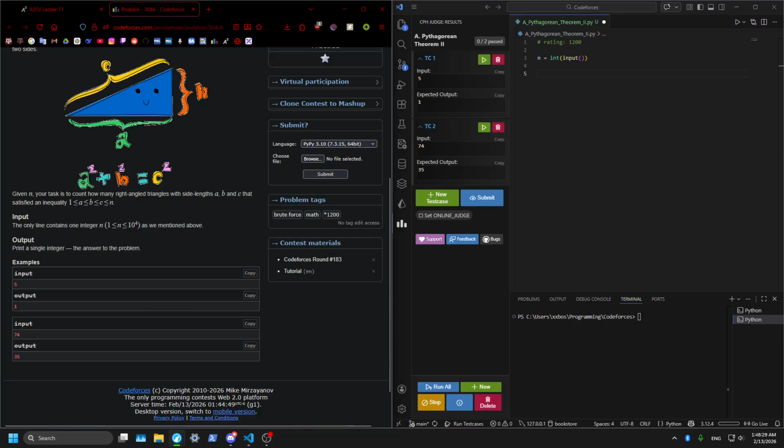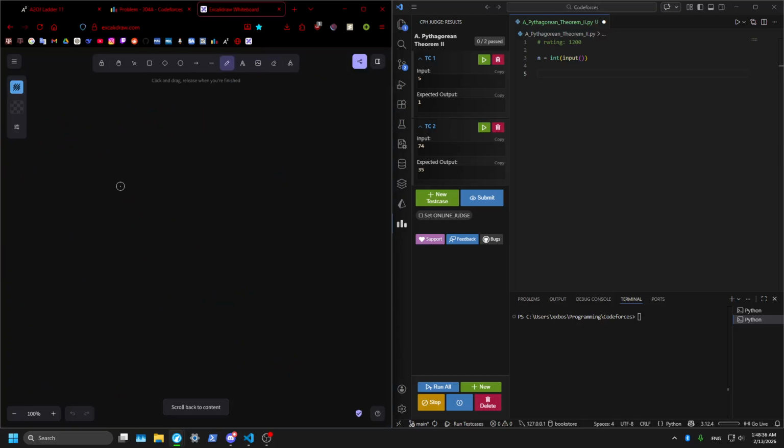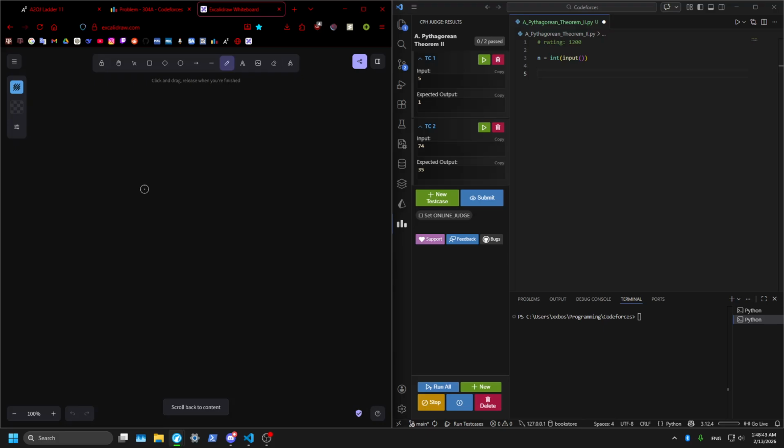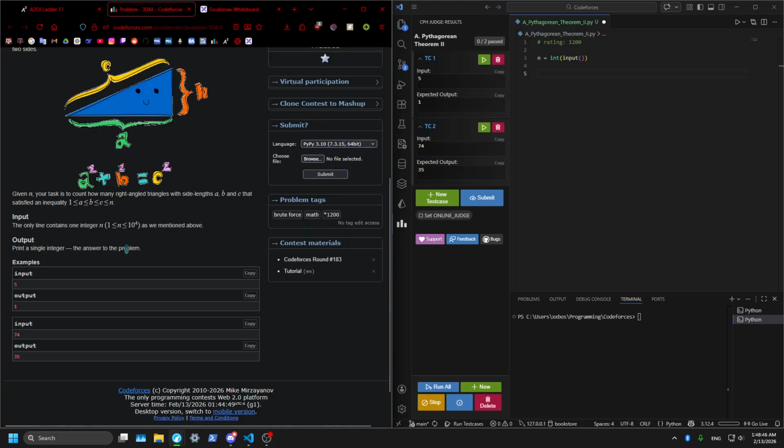How? Let me pull up a whiteboard. So case 5, there's 3, 4, 5. Count how many right triangles with side lengths A, B, C satisfy this.